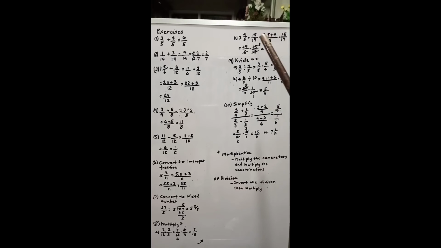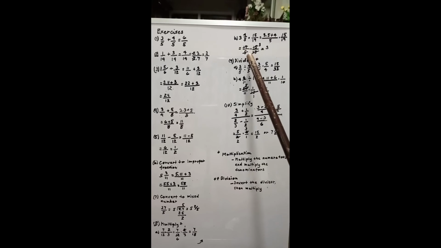Now let's go to letter B. We have 3 and 4/5 times 15 over 19. So change again. 5 times 3 plus 4. So you have there 3 times 5 plus 4 over 5 times 15 over 19. Now 3 times 5 is 15 plus 4 is 19 over 5.